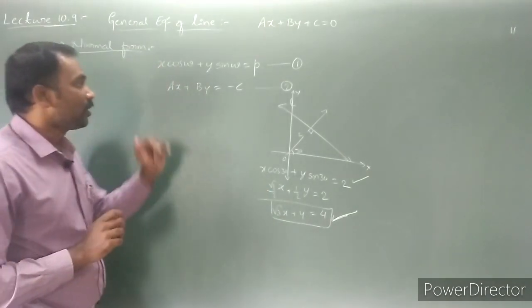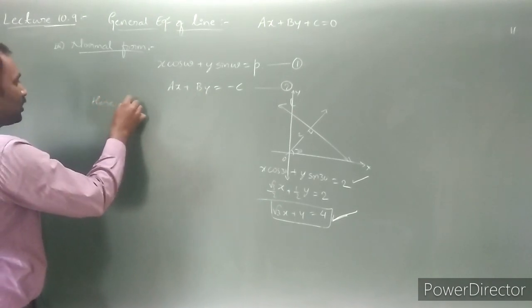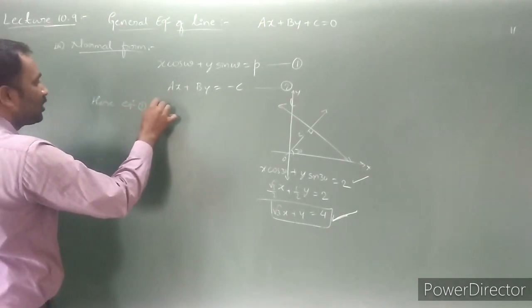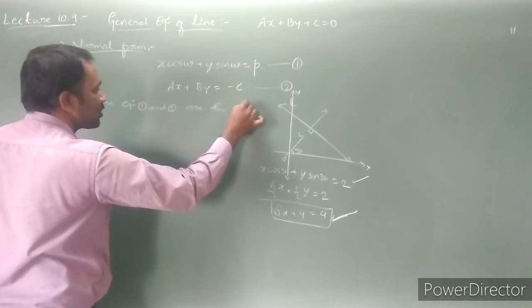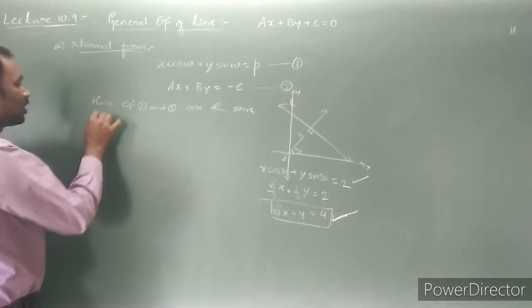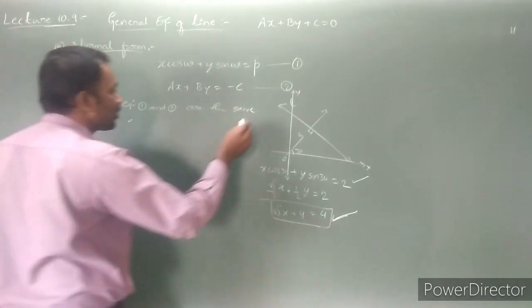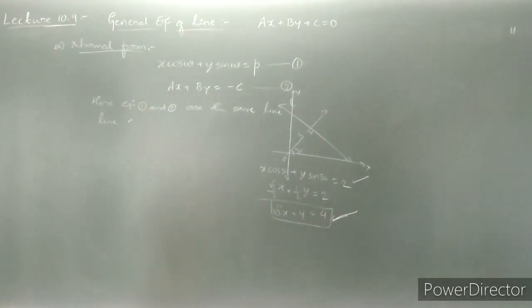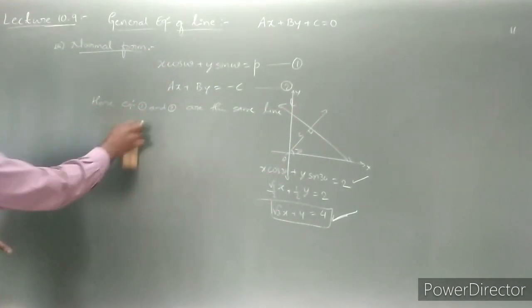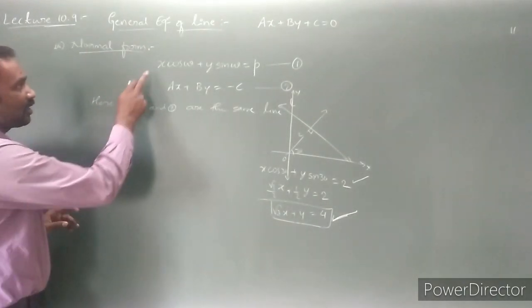Are you sure? Okay. So equation number 1 and equation number 2 are the same line equations. If these two equations are the same line, can I take the ratios?